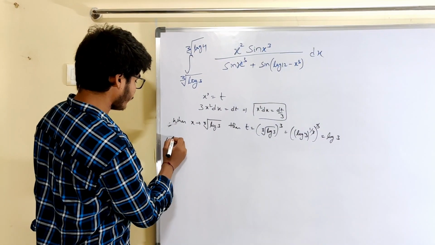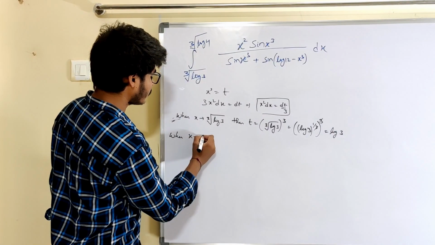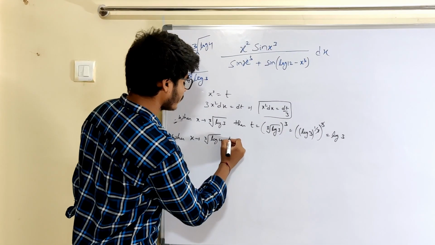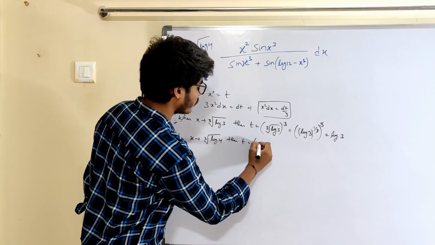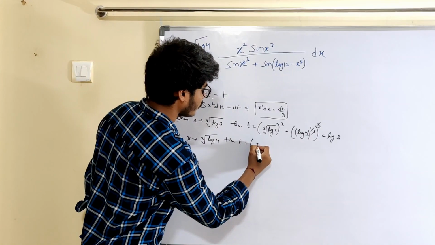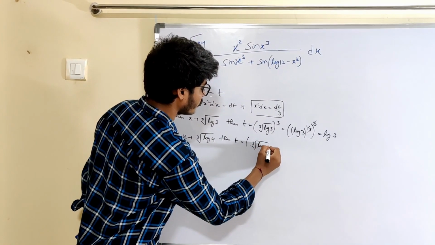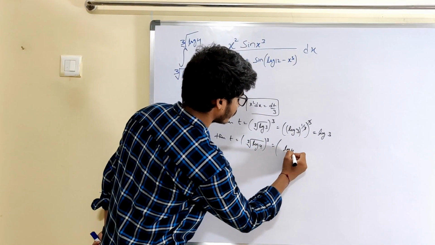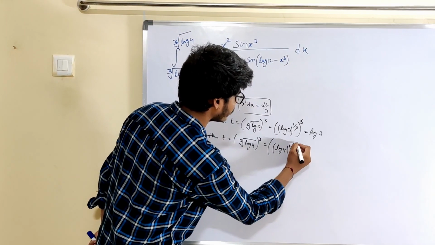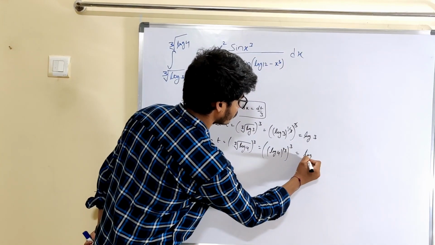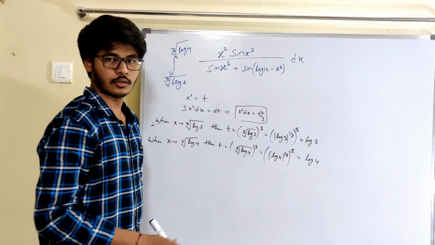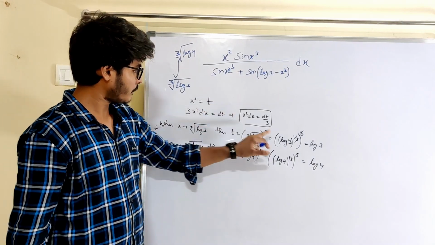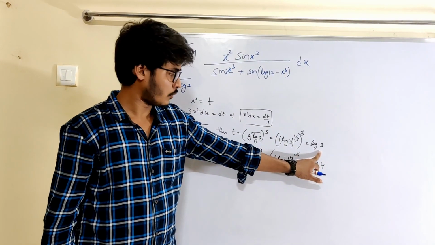Similarly, when x is cube root of log 4, then t equal to cube root of log 4 whole cube, which can be written as (log 4) whole to the power of 1 by 3 whole cube. So we get log 4.